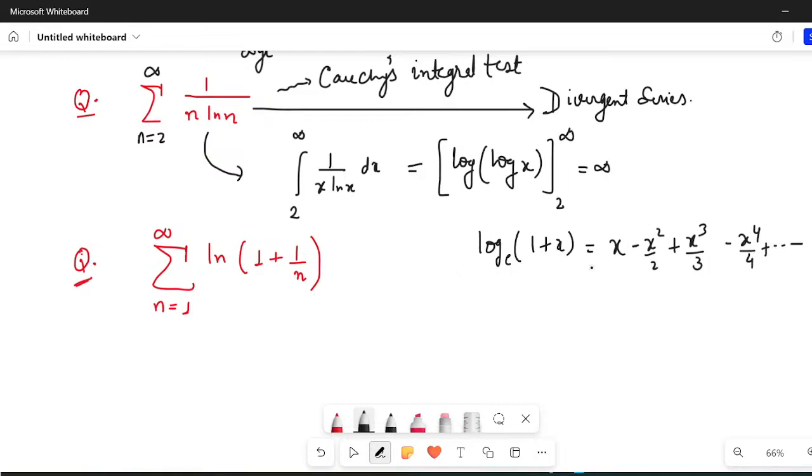This is only possible if modulus of x is less than 1. So clearly, except n equals 1, if you place n equals 2, 3, 4, 5, 6, 7, 8, this will be 1 by 2, 1 by 3, 1 by 4. So obviously this is going to come in this regime only.